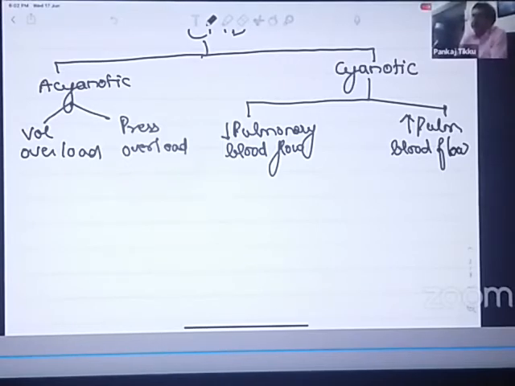Now cyanotic heart diseases associated with decreased pulmonary blood flow further are divided up into 2 categories.